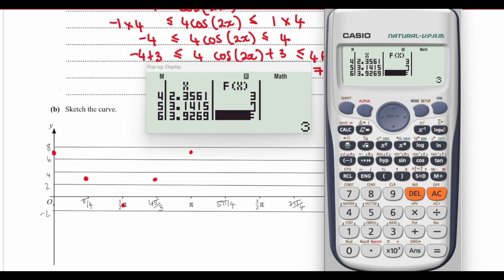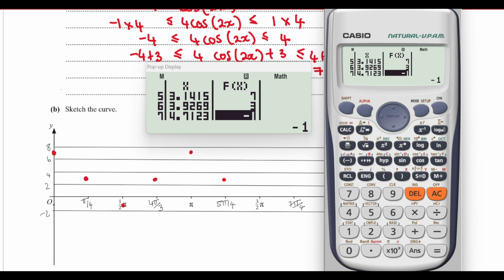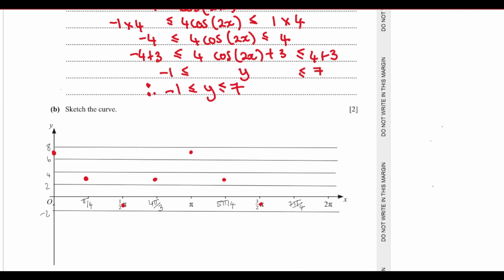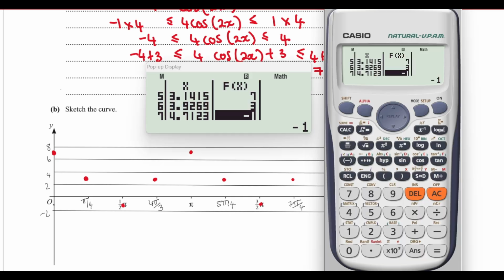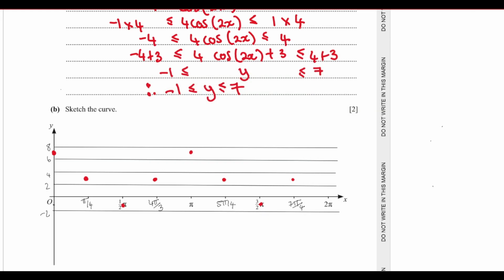Then 3 again. Now it's just repeating the pattern. And then I'm guessing it's going to be at -1. And then again probably 3, am I right? Let's see, yeah, 3 and then 7. Okay, which makes sense because our maximum value is 7.